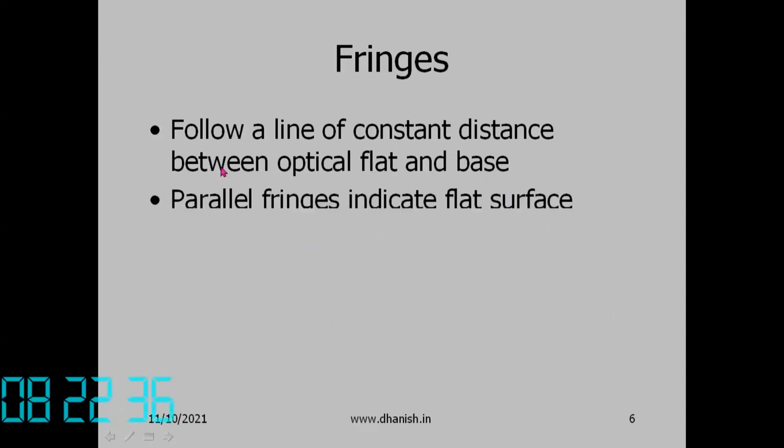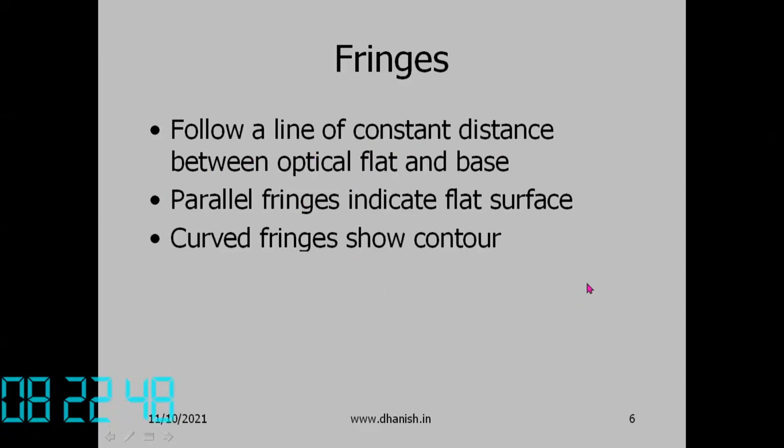Okay, so that is the basic principle of testing flatness. If these lines are parallel, they indicate a flat surface. But suppose the interference fringes are curved, then it shows that there is some contour. The height is not flat, but some other pattern is there.